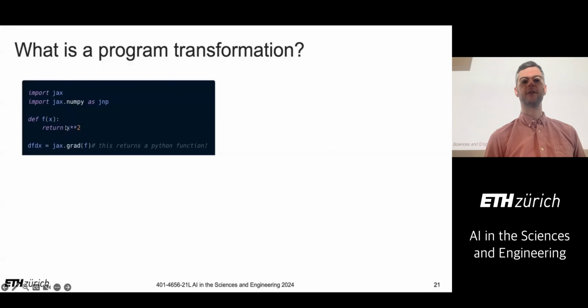The gradient of this function is 2 times x. This jax.grad takes in a function as input. This is not a value or anything like this. This is a native Python function. And the object that it returns is another native Python function that, when you call it, gives you the gradient of the original function. So this is a program transformation. It takes a program, or generally a function in Python, and returns a new function.